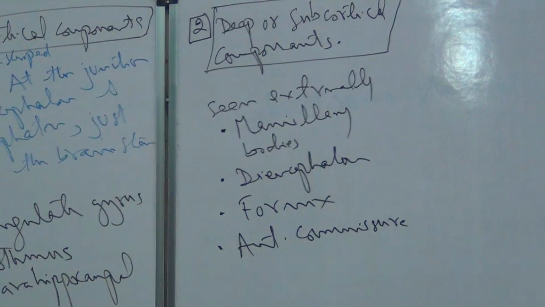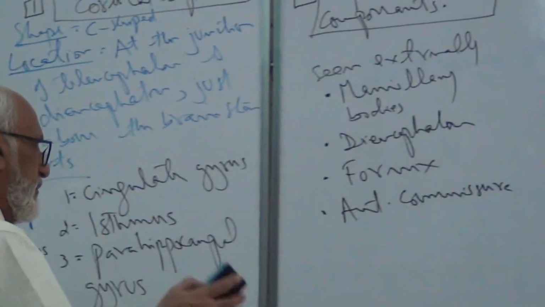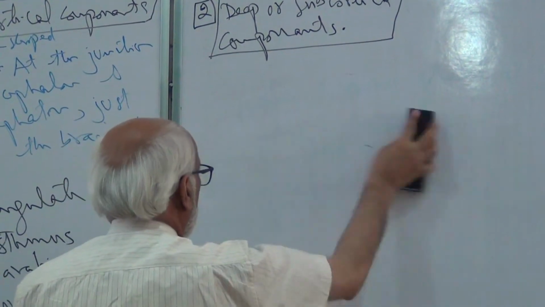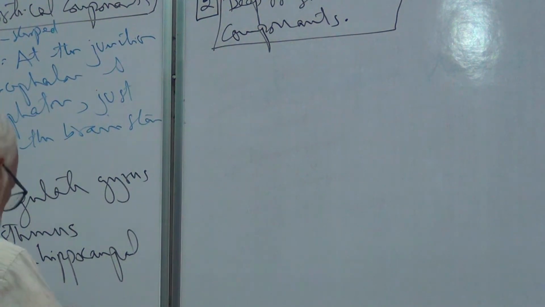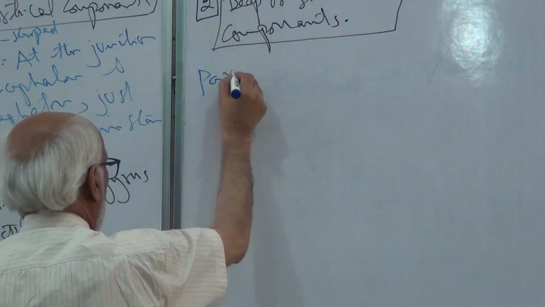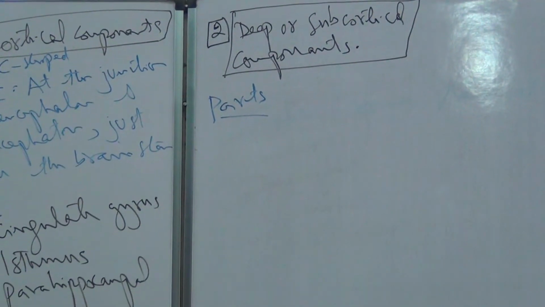The rest of the parts of the subcortical components can be seen only when the brain specimen is stained. Now, what are the different parts of the subcortical component?